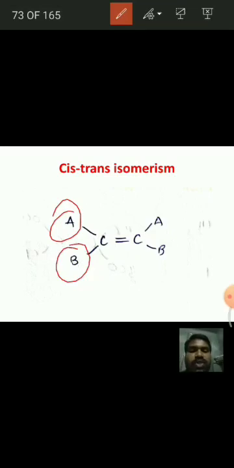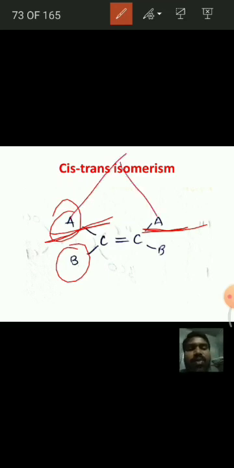Moreover, in the groups attached to each sp2 carbon, at least one group should be common on the two sp2 hybridized carbons. It means at least one common group should be attached to each sp2 carbon. Then and only then is there a possibility of showing cis-trans isomerism.